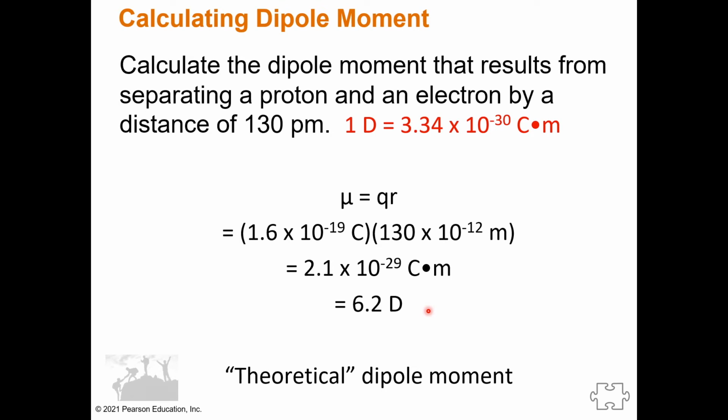When you go back to the previous chapter that had limiting reactants and you needed to figure out theoretical yield, actual yield, and percent yield, you could see similarities between that and calculating dipole moment.